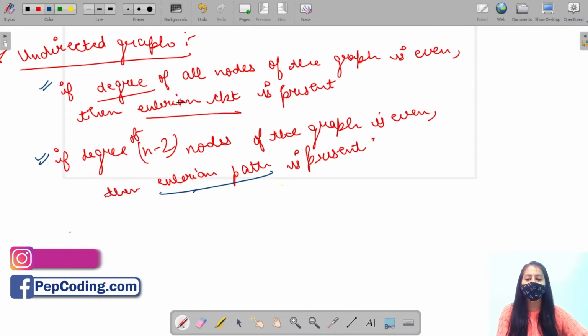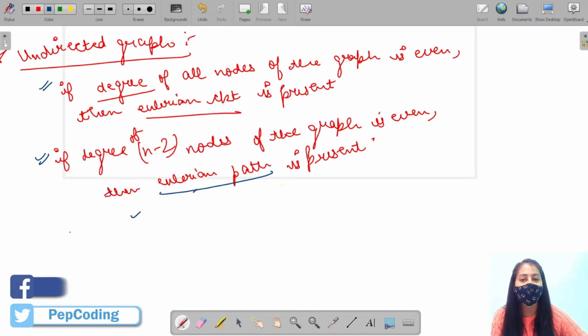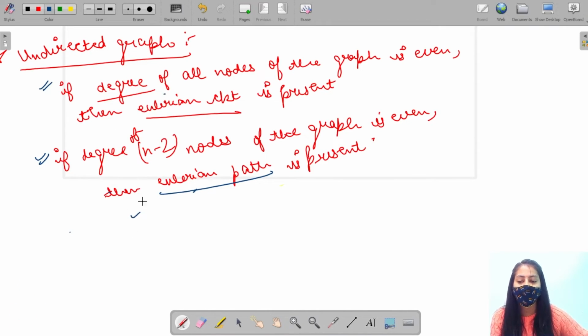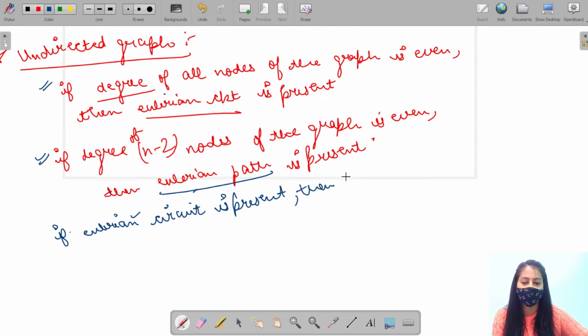But it is possible that an Eulerian path is present in some graph, but an Eulerian circuit is not present, right? So this condition is always true: if an Eulerian circuit is present, then an Eulerian path must also be present.